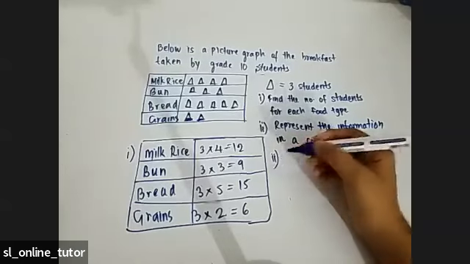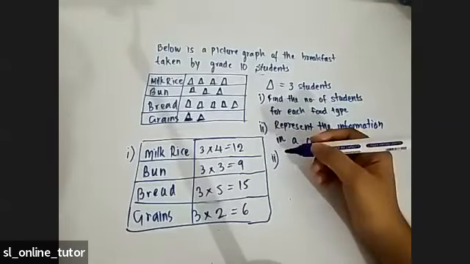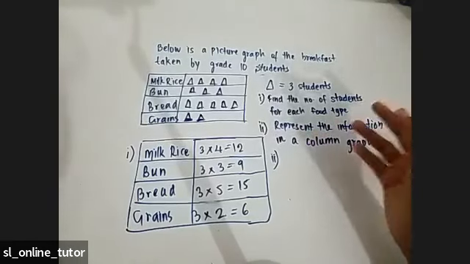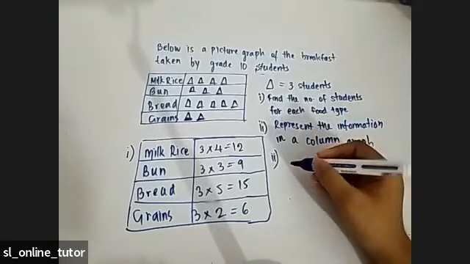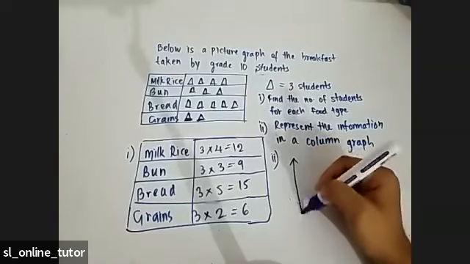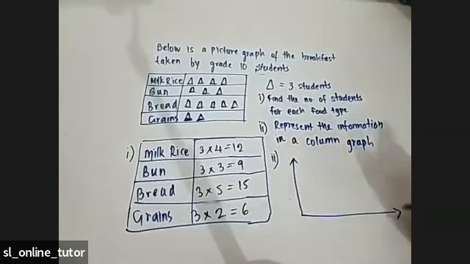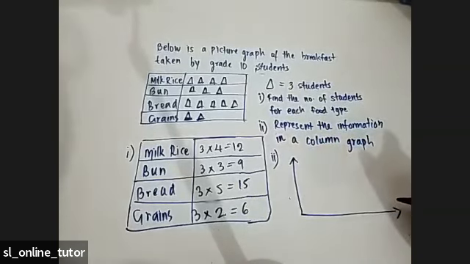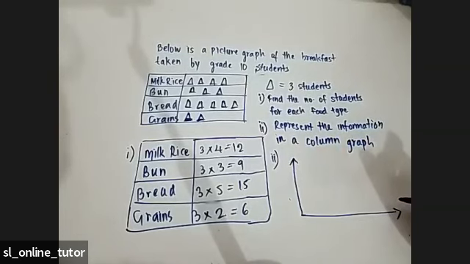Roman number 2 is important. This is the second thing that you are learning under data representation, how to represent the information in a column graph. So you know what a column graph is, right? Just like a graph, we can take a y-axis and an x-axis. What is better to name the y-axis and what is better to name the x-axis? Yes, very good.